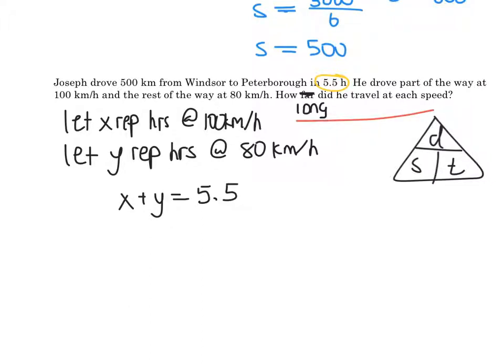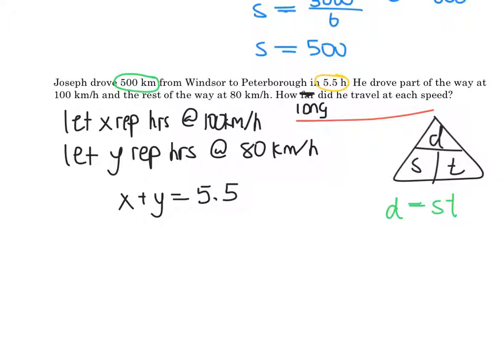Now, the other equation is going to come from this 500 kilometers total that was driven. Now, that's a distance. So we have to go to our triangle here. And if we look, we see distance is equal to speed times the time. So I need to figure out what distance did he travel at 100 kilometers per hour and what distance did he travel at 80 kilometers per hour.